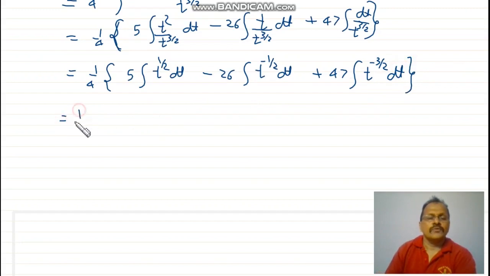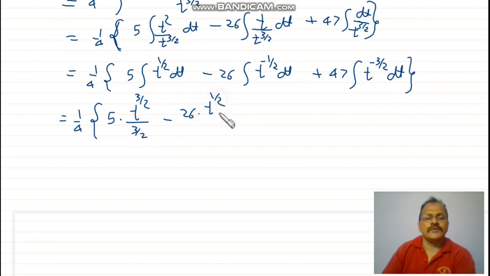equal to 1 by 4 times 5 into, integration of t raised to half is t raised to 3 by 2 upon 3 by 2, minus 26 into t raised to half upon half, plus 47 into t raised to minus half upon minus half, plus c.